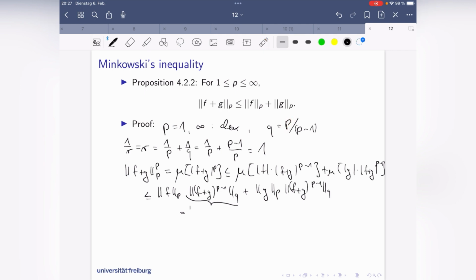So this here is mu of f plus g to the power of p. And outside for the q norm, I have p minus 1 divided by p.